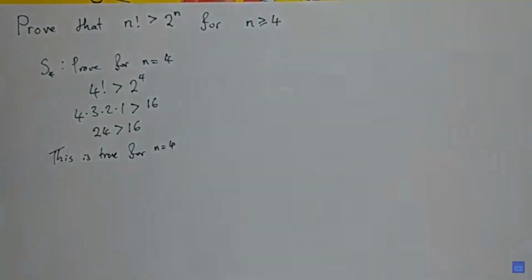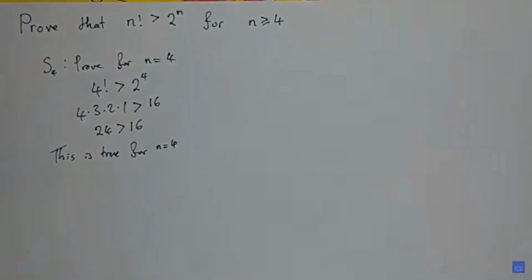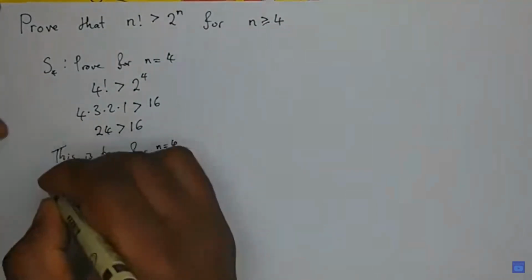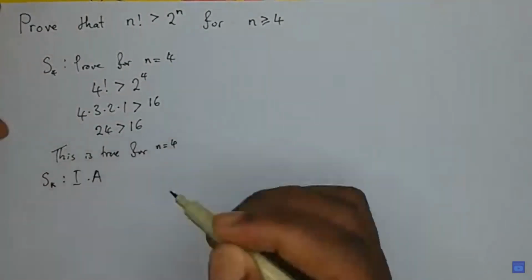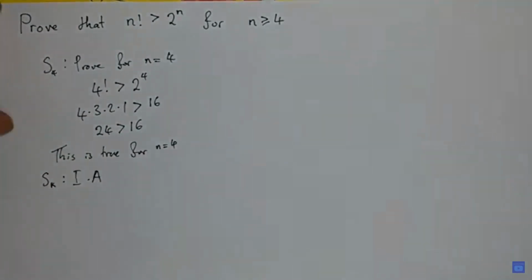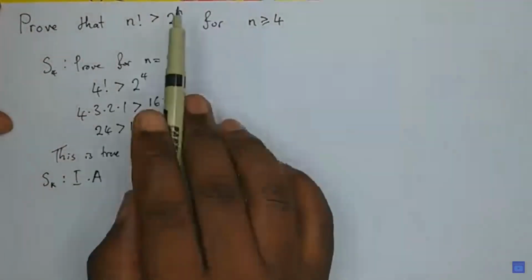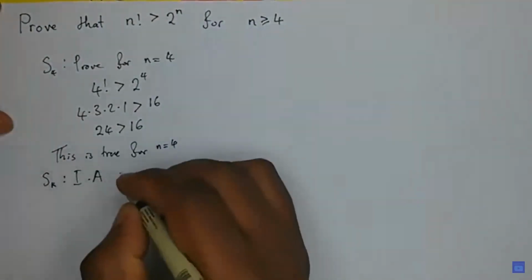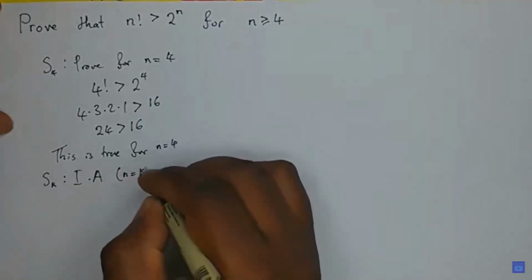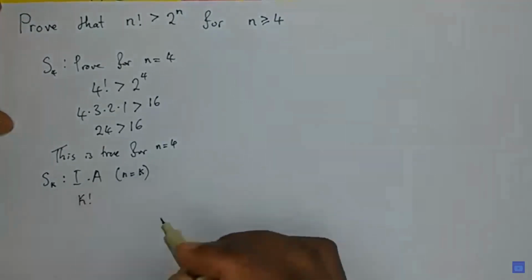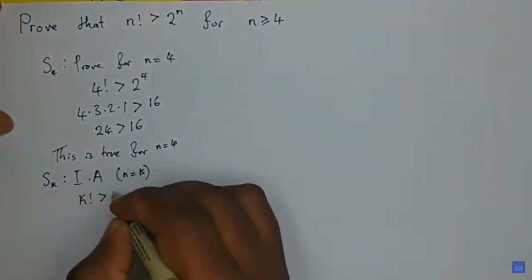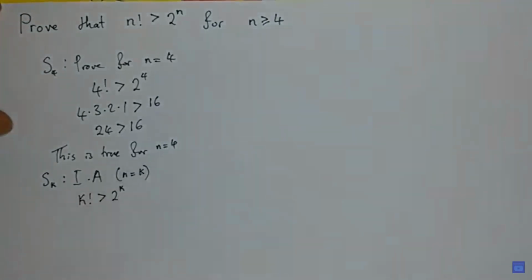Then we move on to the inductive assumption. This is our SK, the inductive assumption. In the inductive assumption, we're just going to replace n with k. So the inductive assumption is where we say let n be equal to k, so that we have k factorial should be greater than 2 to the power k.